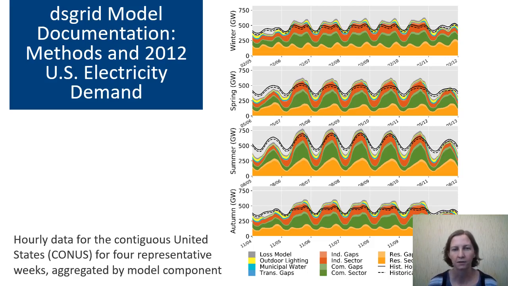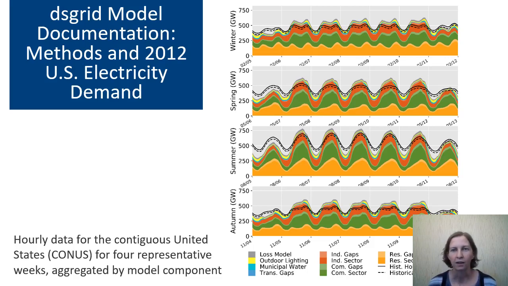The area plots are showing different sector loads using different colors, and then they stack up to be our overall bottom-up representation of electrical load.